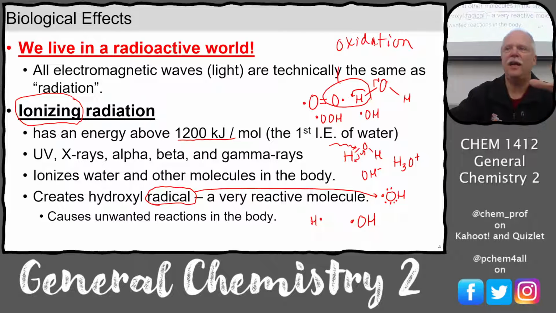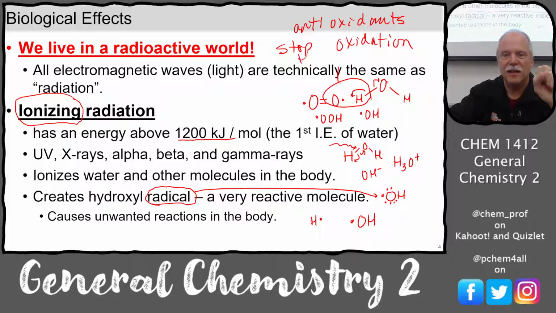And so what do we take typically as a supplement, like an anti-aging supplement or for your health? An antioxidant. They stop this, okay? They stop the oxygen from making these free radicals in our body that create all these terrible reactions.